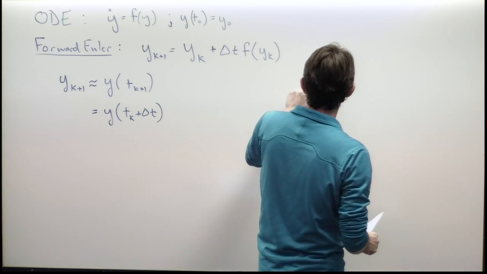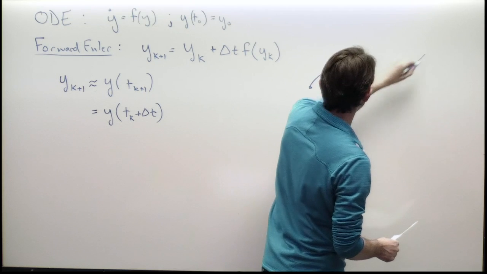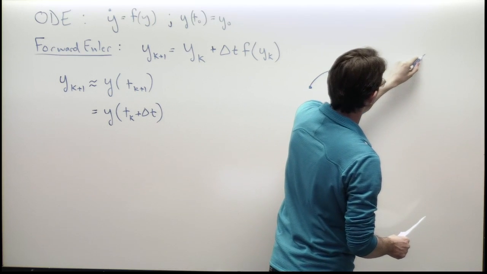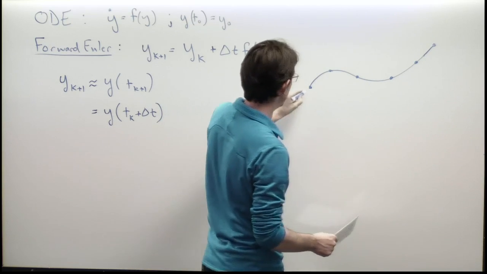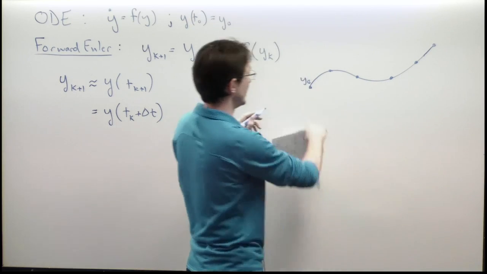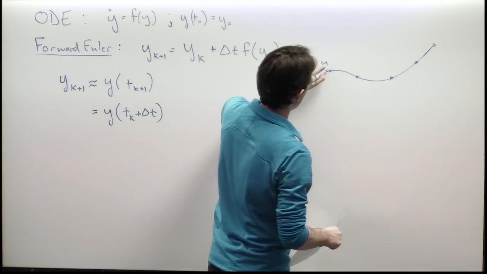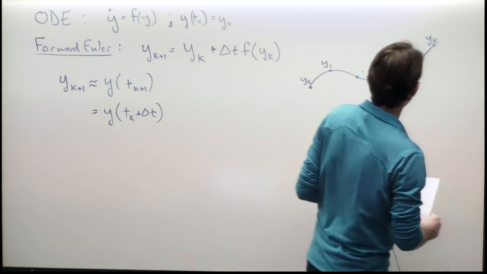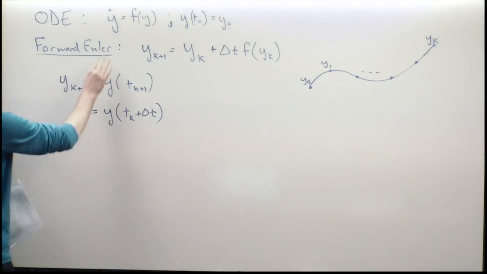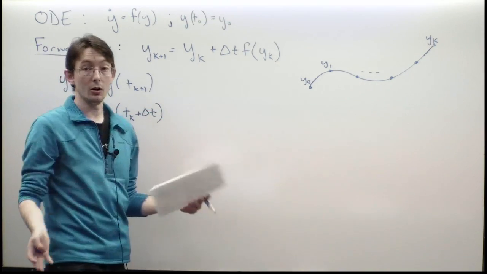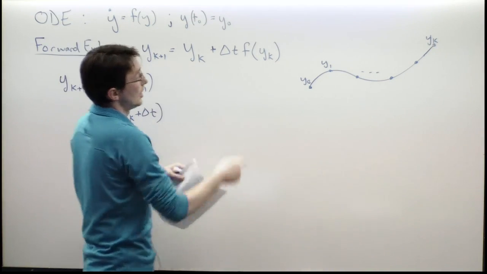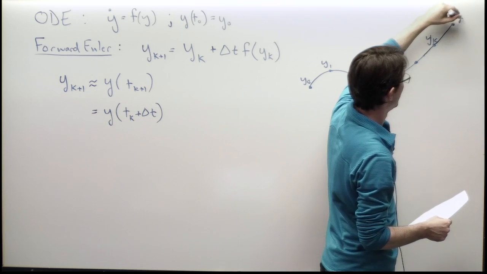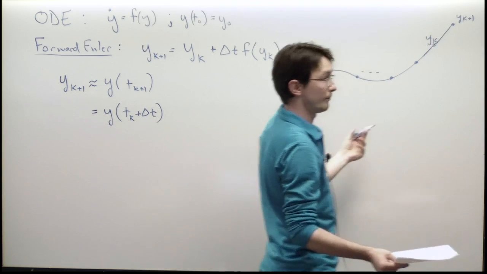Okay, so the way I like to draw this is I have some trajectory with a number of points. Okay, maybe this is y0, my initial data, y1, dot, dot, dot, and all the way up here I have yk. And what this forward Euler scheme and really all numerical integration schemes do is they give me a rule for predicting where this particle will be at the next moment in time.